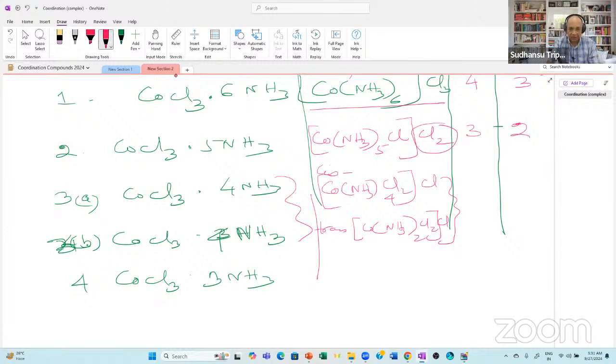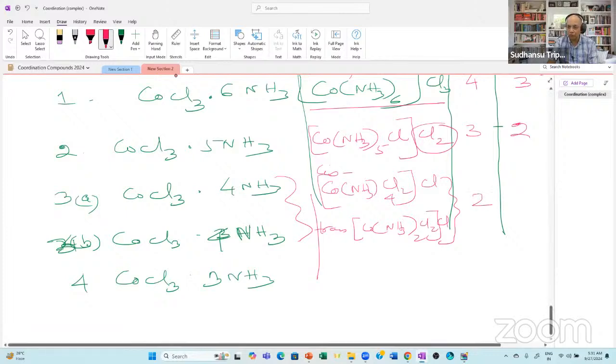So each of them will have maximum number of ions two, one big ion and this chloride ion, and the number of moles of silver chloride is only 1 mole. But this has a different color, this has a different color. I will tell you the color in a bit.